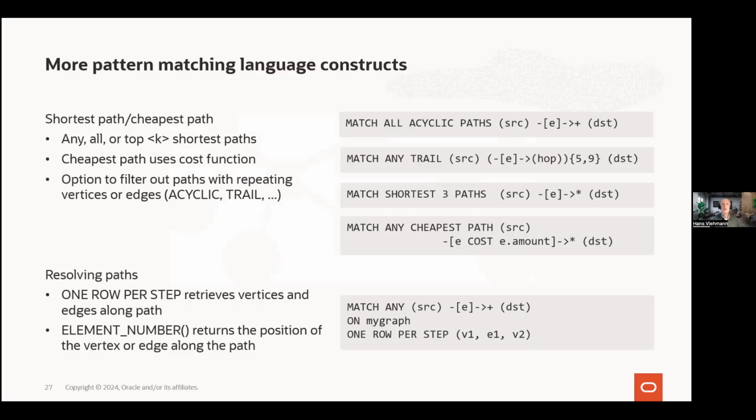Path options allow you to select only acyclic paths, where you don't come back to a given point along the path, or paths that include cycles, but where the edges are not being repeated, and so on. And also not included is what we have at the bottom here, the one row per step clause that retrieves all of the vertex-edge-vertex patterns along a path, which is important if you want to visualize things, right?